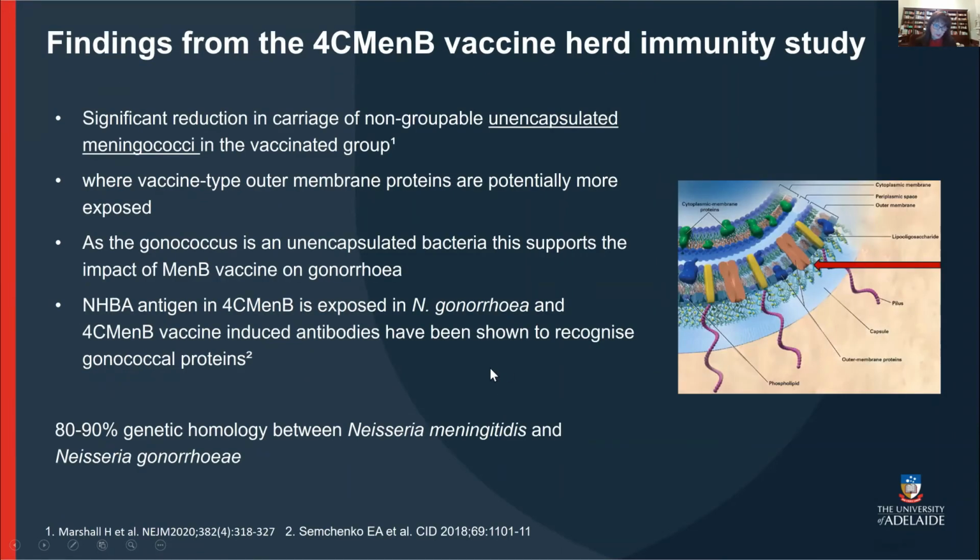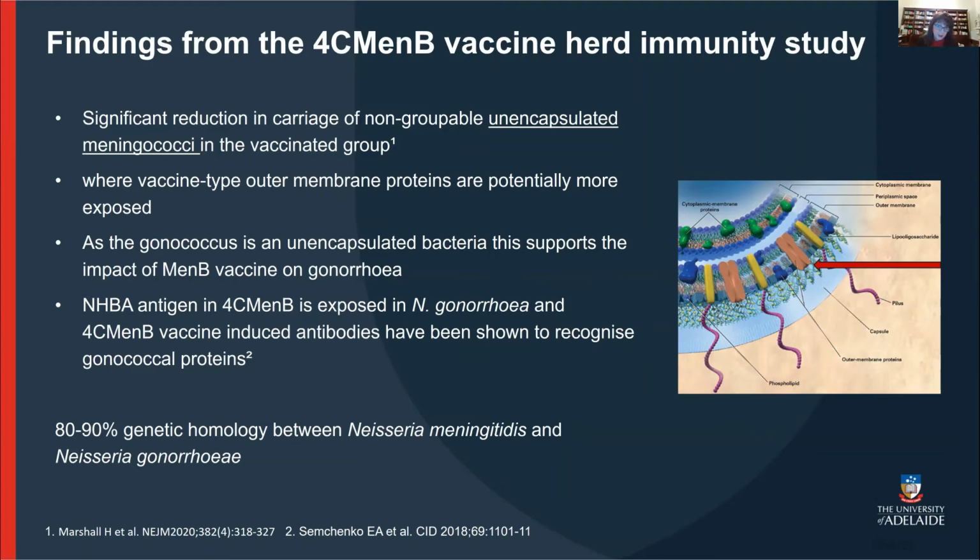So I mentioned that we had undertaken a study to look at the effect of 4CMenB on carriage of Neisseria meningitidis in the throat. And although we didn't find an impact on disease-associated capsular meningococci, we found a significant reduction in unencapsulated meningococci. And so we've been thinking about this as a way of partly understanding this impact on gonorrhea.